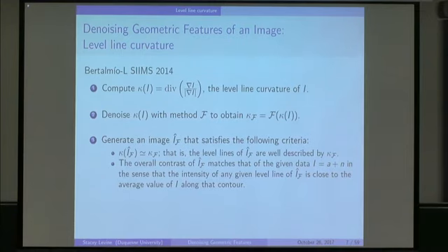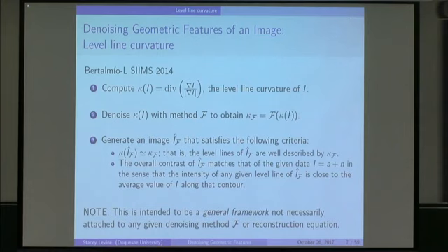Denoise that using some denoising method, and then generate an image such that the level lines of your clean image are well described by the denoised curvature, and that the overall contrast matches the overall contrast of I. And since the average value along level lines of I should be the same as A, if we're assuming additive Gaussian noise with mean 0, this should give a decent reconstruction.